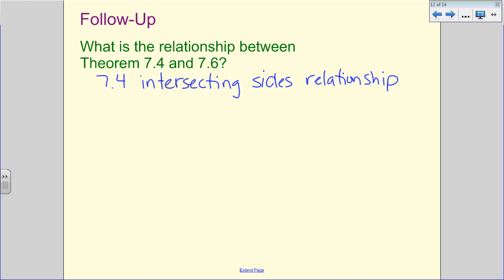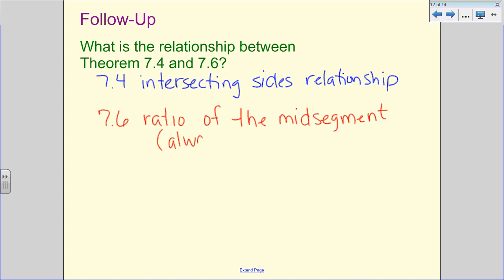What happens to those? 7.6 is the ratio of the mid-segment, which is always a ratio, it's always equal to 1/2. That ratio will always be 1/2. So 7.4 is having us look at the sides and looking at those ratios. 7.6 is telling us that the mid-segment will always have a ratio of 1/2 to that third side.